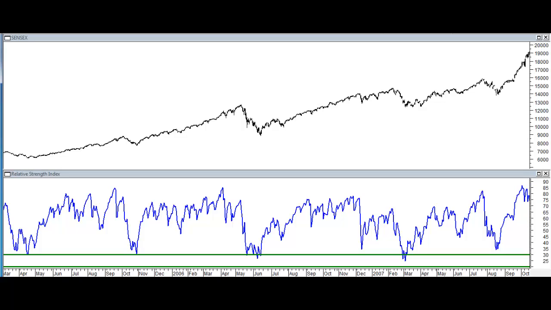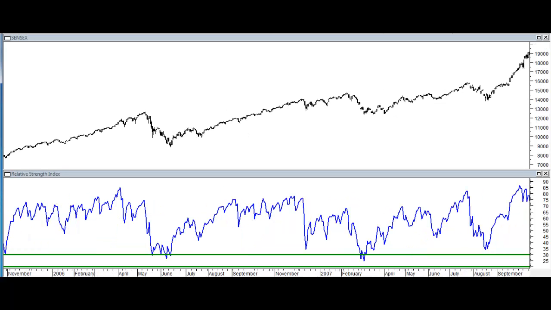So on such occasions we need to adopt a wait and watch strategy, and then after seeing a positive divergence on RSI, we can enter the markets with buying positions, and then after confirmation we can ride all our buying positions.